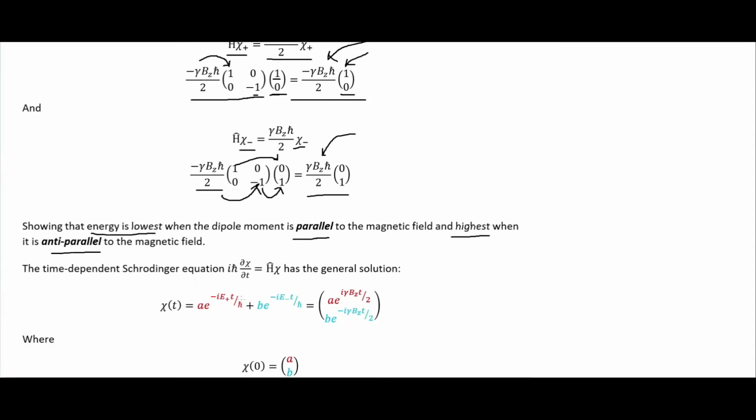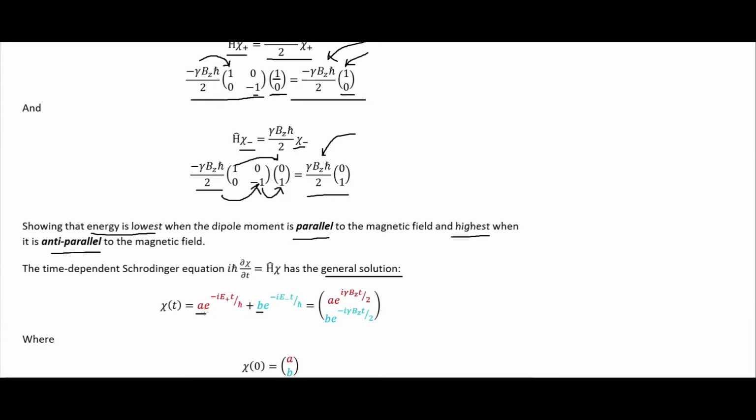All right, so the time-dependent Schrodinger equation. So we want to think about this precession, which is going to happen in time. So we have to use the time-dependent Schrodinger equation, and we can use a general solution for this. I've talked about solutions to the Schrodinger equation in previous videos, but we have this general solution. So A and B here are some sort of constant.